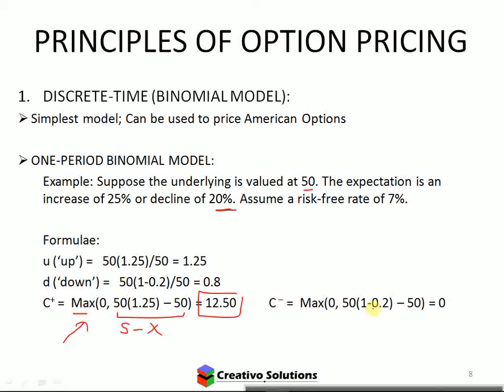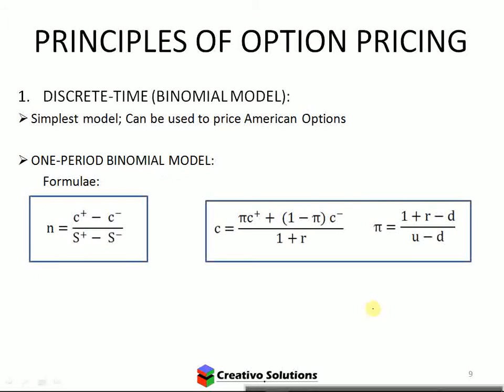So C minus: what is the call price with a decrease in value of the underlying? Then your loss would be what you paid for that. Now I need N and I need C, and you've worked out C plus and C minus. So can I work out N?